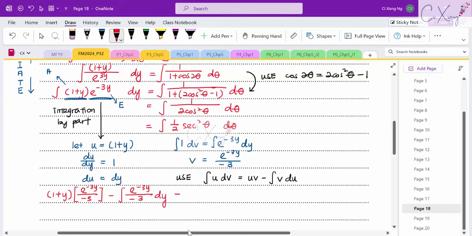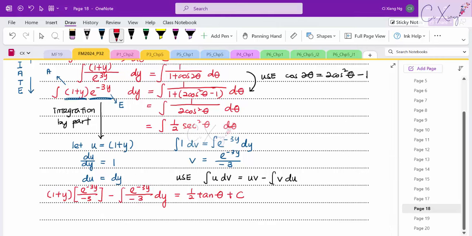Then I continue with the term on the right hand side. It will be half, integrate secant square, I'll have tangent theta, then plus c. So the left hand side answer is basically from this integration by part formula.